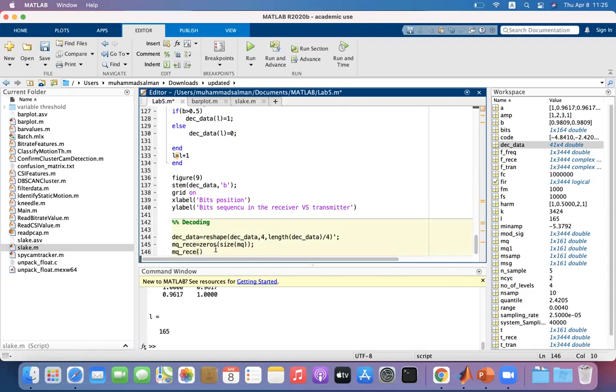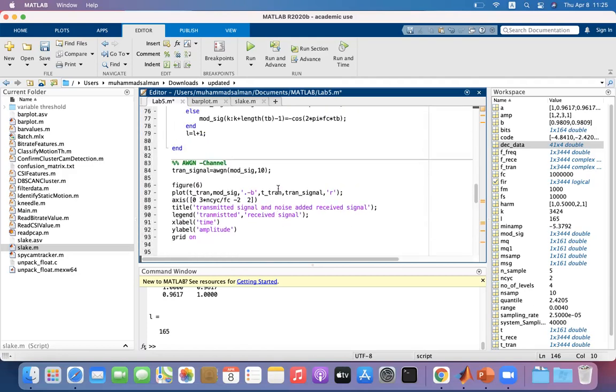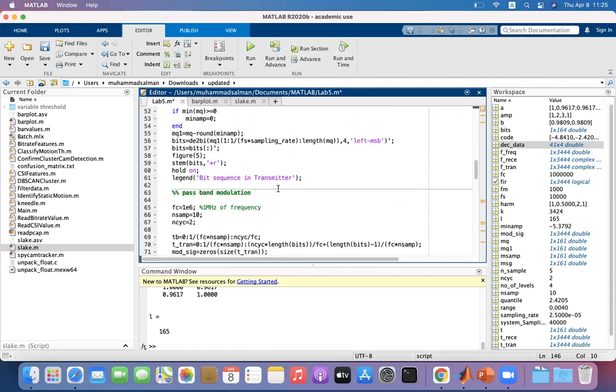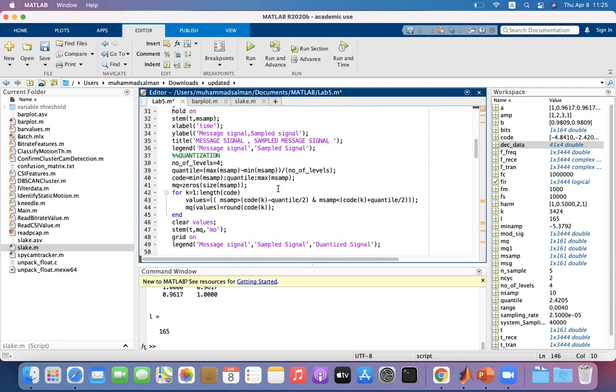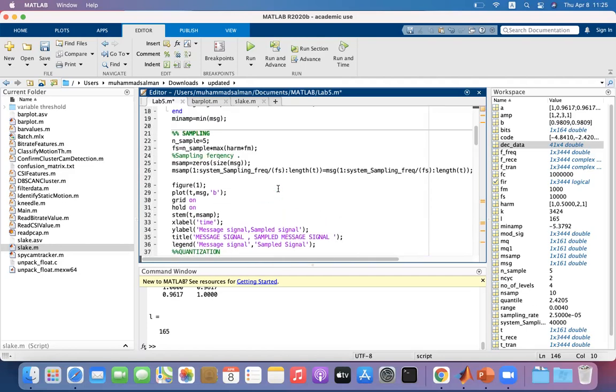On the transmitter side we had used every fourth digit, or how about I copy it from here? Let me copy it from here. I should use exactly the same thing with which we had done it here. So I think it was like this.